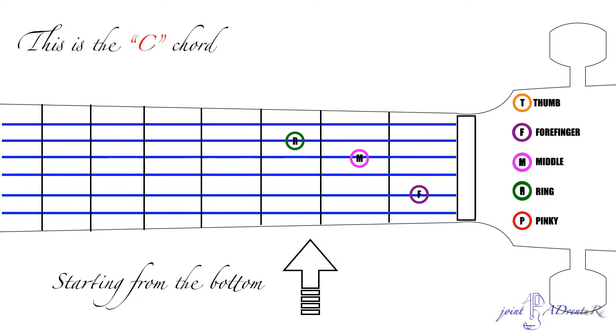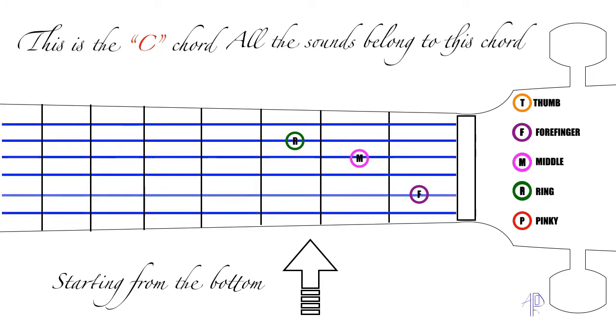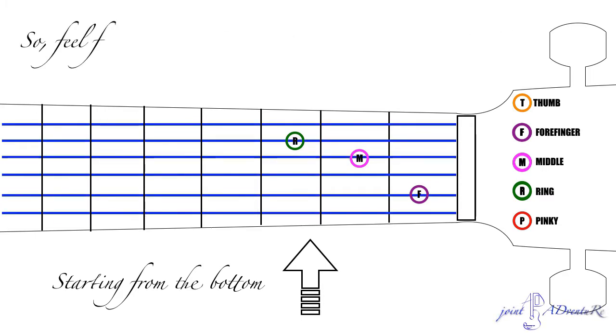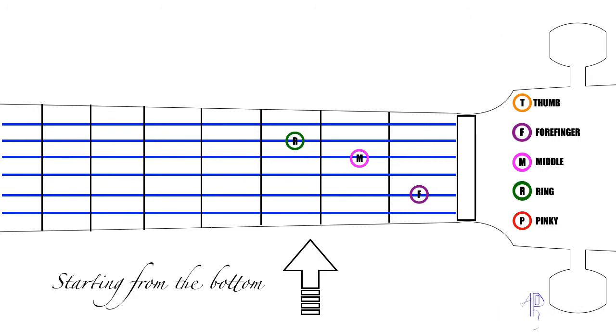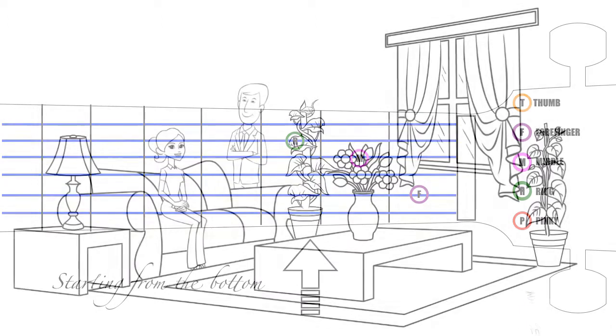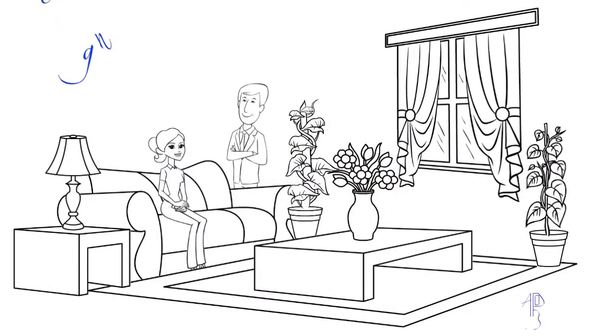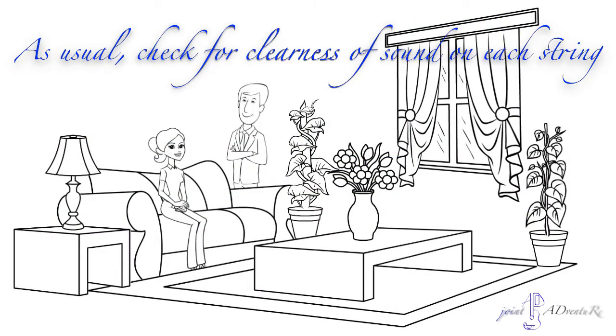This is the C chord. All the sounds belong to this chord, so feel free to strum all the strings. As usual, check for the clearness of sound in each string.